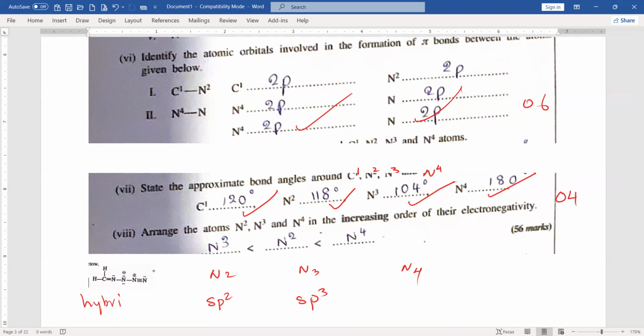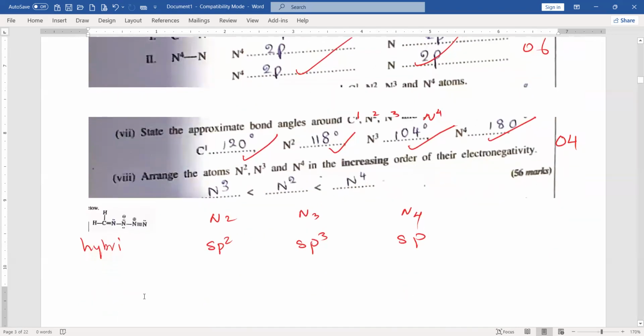And the other one is sp. Then the charge. Here 0, no charge. Here -1 and here +1.